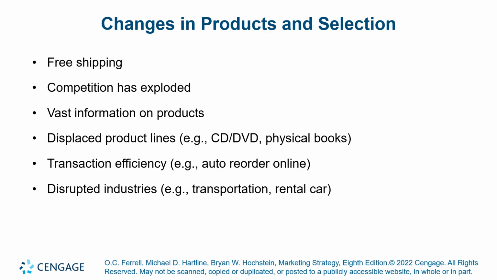Transaction efficiency is improved greatly. For example, auto reorder online. On Amazon, if you search for something, put it in the shopping cart, and click buy now, it quickly shows you everything: the credit card number used, the delivery address, the shipping address, everything.